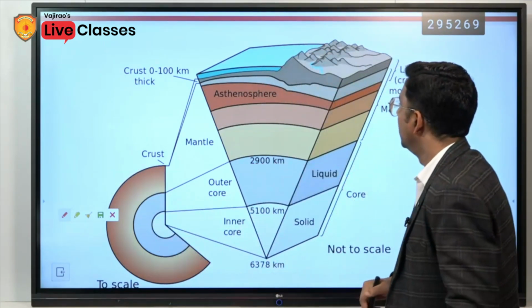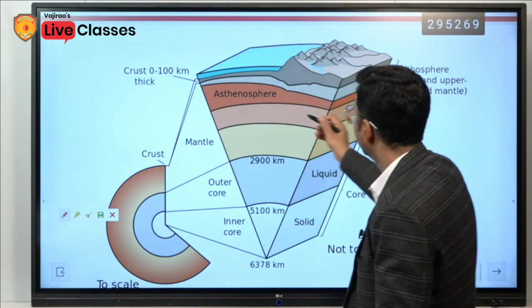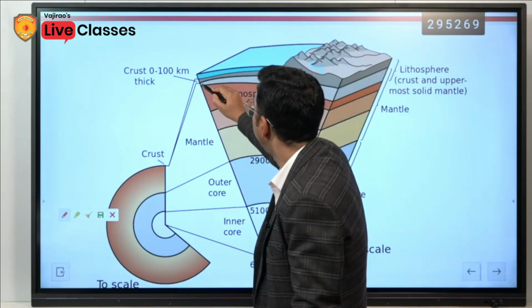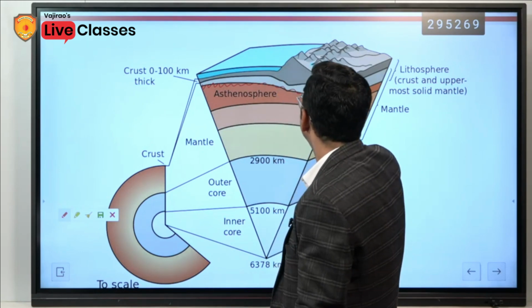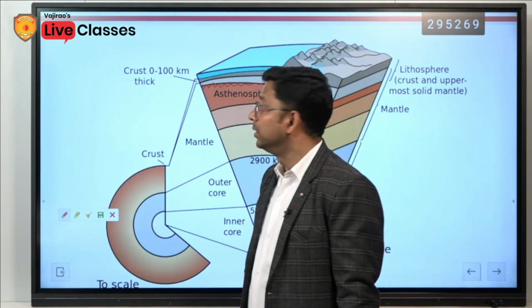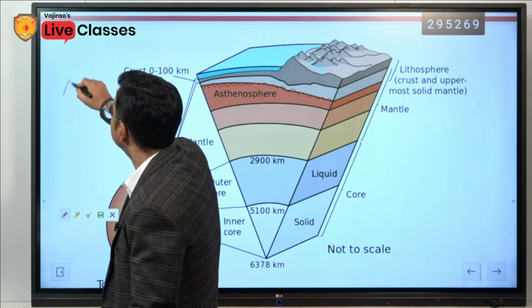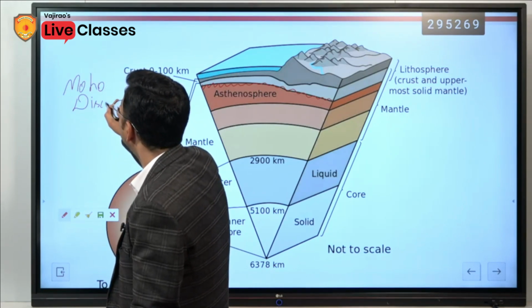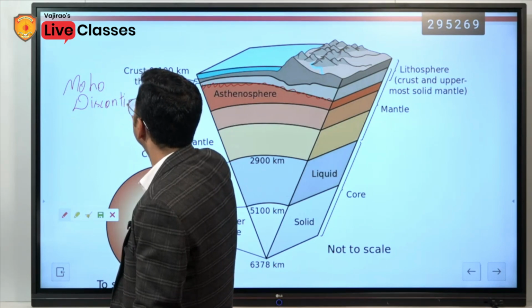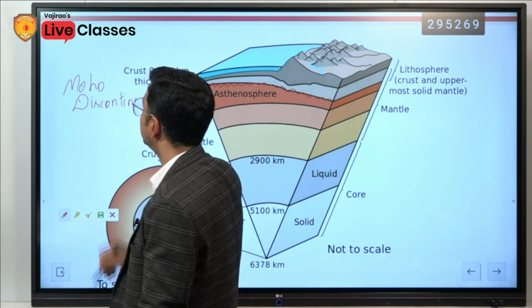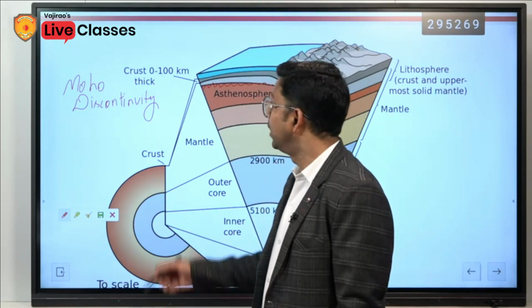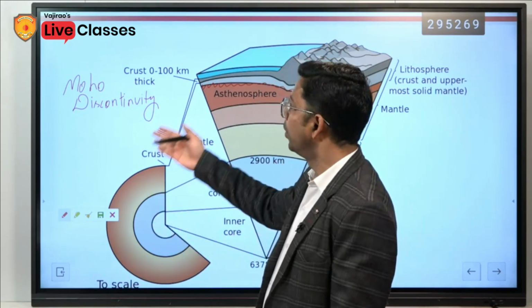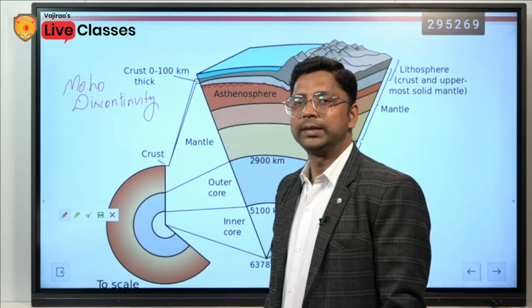So between the crust and the mantle, there is a discontinuity called Moho discontinuity. It was discovered by Mohorovičić, so it is called Mohorovičić discontinuity or Moho discontinuity.